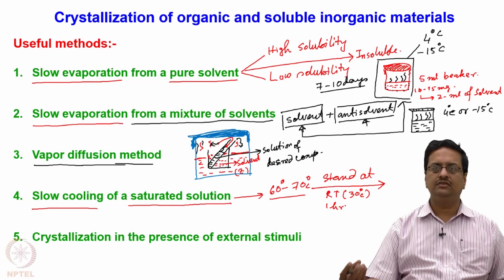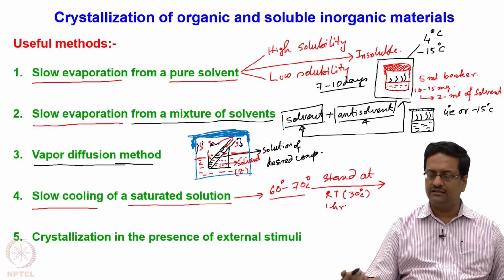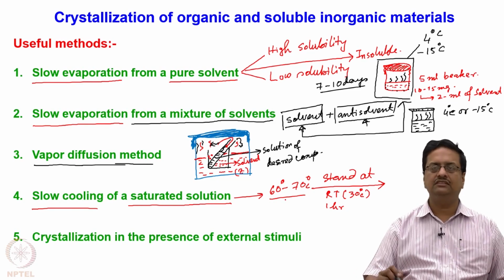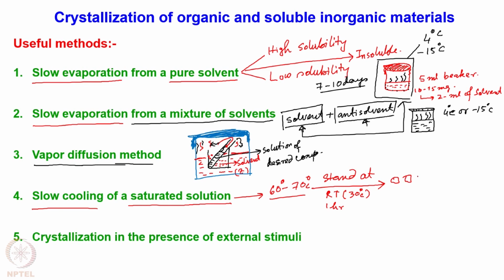You are allowing the solution to radiate its heat slowly, and as a result of lowering the temperature of a saturated solution, as we know, the solubility decreases drastically and we end up getting crystals of the compound in that test tube or a beaker.